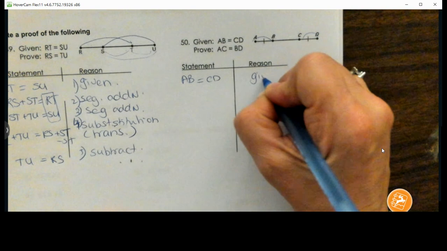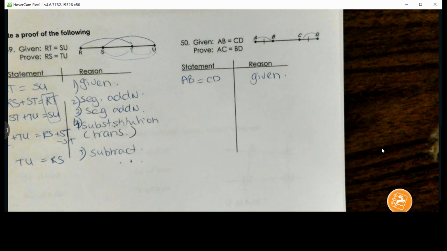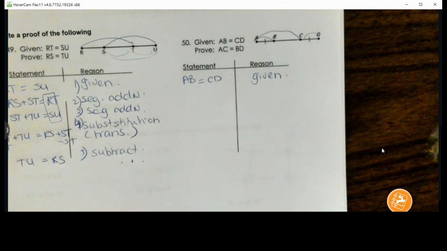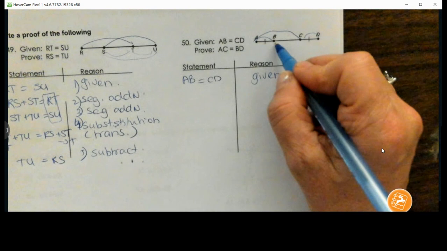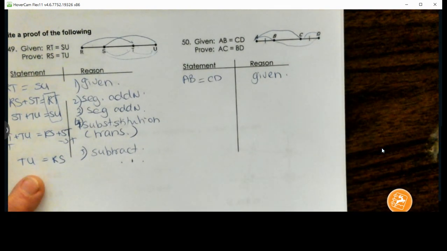This is given. Now if you add the same thing to both sides, the equality is kept.